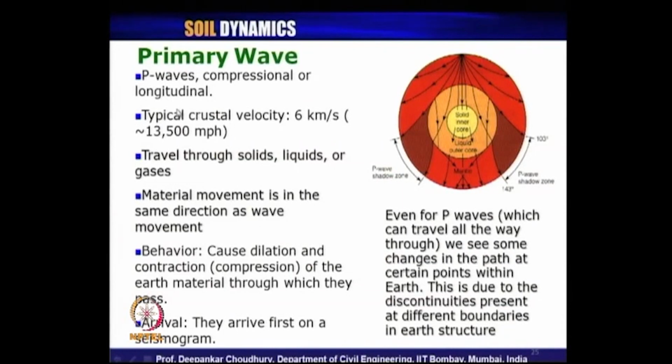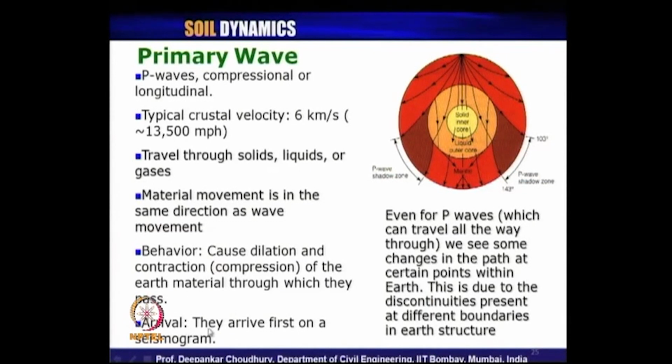What other characteristics have we seen for the P wave in the previous lecture? Their typical crustal velocity is about 6 km per second, and it travels through all media, that is solid, liquid or gaseous, and the material movement is in the same direction as the wave movement. Its behavior is that it causes dilation and contraction of the earth material through which it travels.